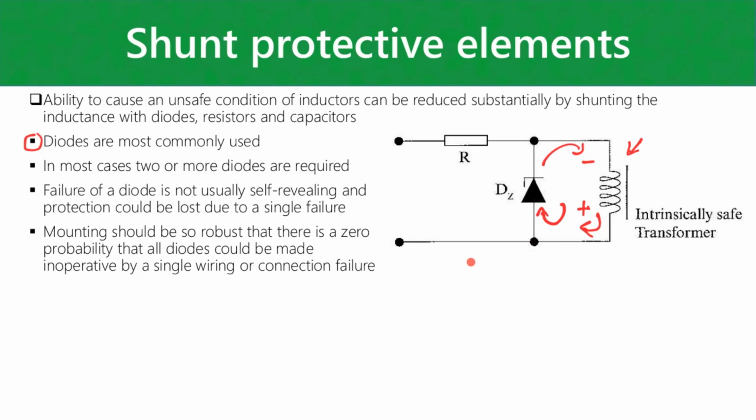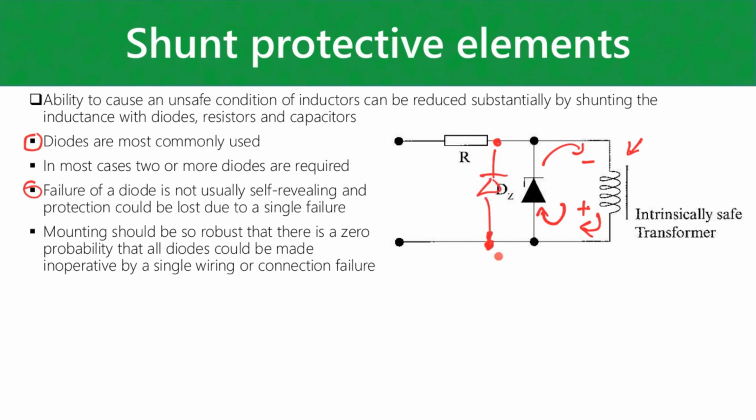Now something to be considered here is that if that diode fails, that's a problem. So you have to make sure that you have redundancy. Typically what is done is you can have more diodes put in parallel here.